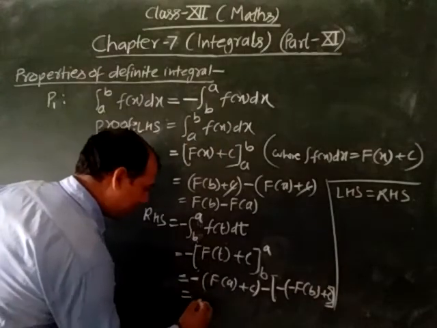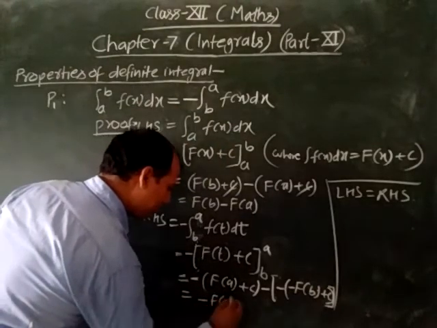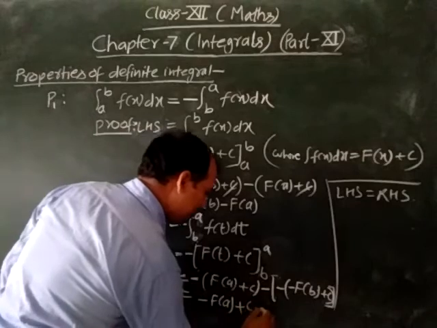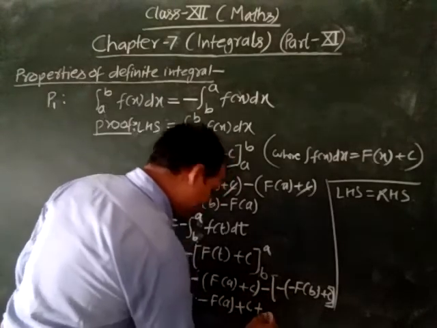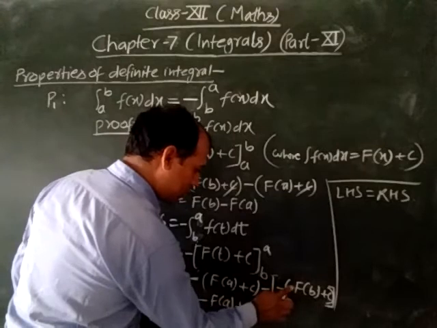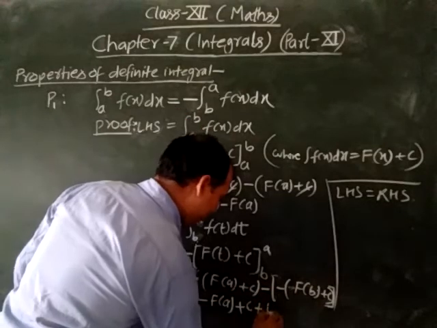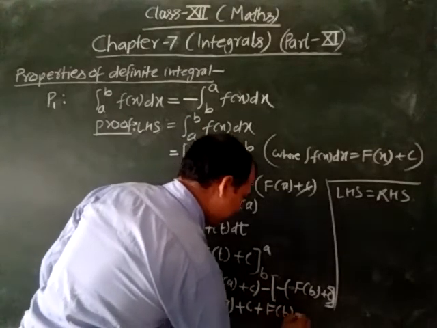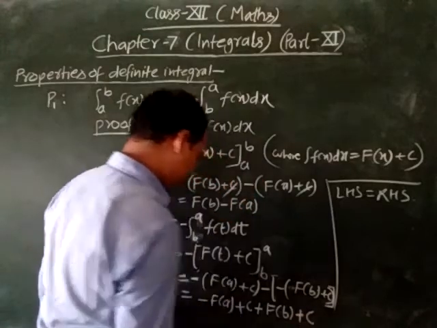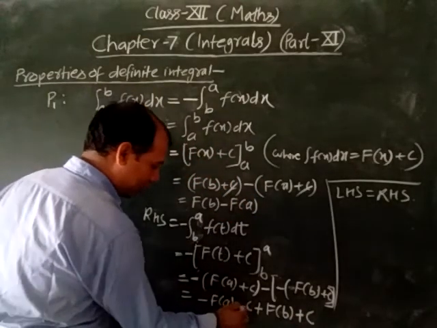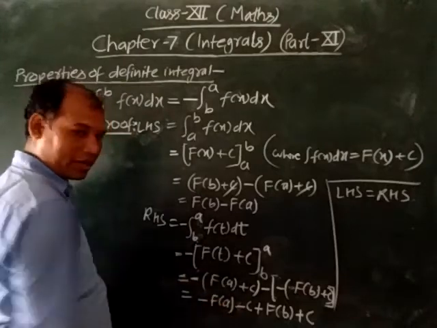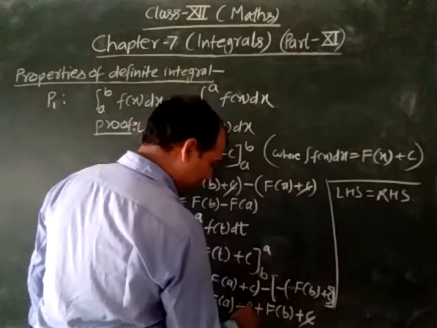So this can be written as minus F(a) plus c, minus minus becomes plus, F(b) plus c. This is minus c, because minus plus becomes negative. C is cancelled out with c.